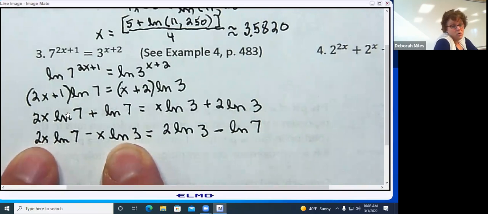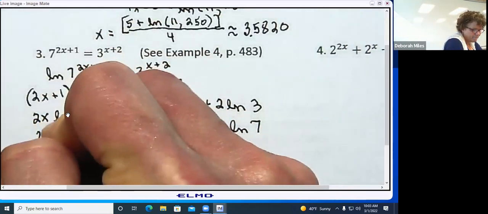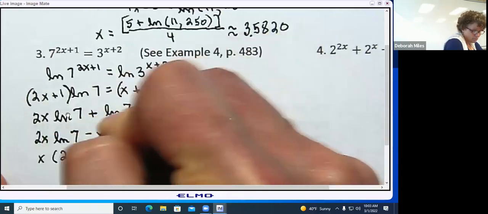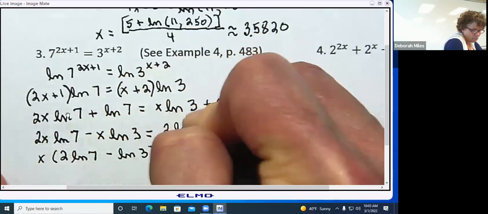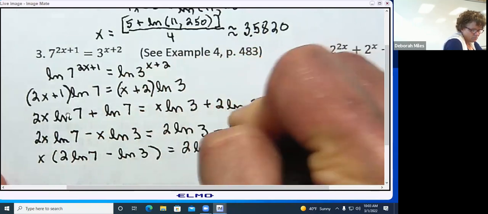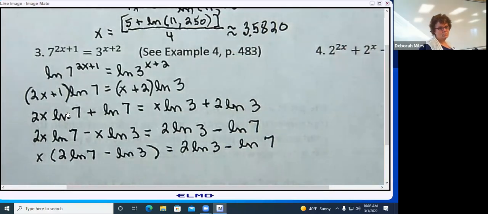Absolutely. That's what we do when we have x as part of two terms we can't combine. I can just factor out an x. Then I can just divide by all that stuff in parentheses. And that will be my exact answer.